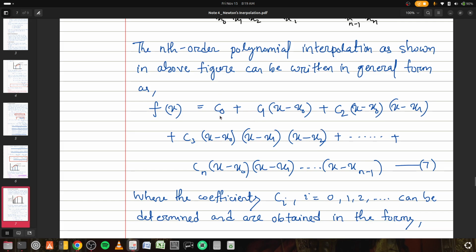So here you have all the C0, C1, C2 and C3 values in the t. Then you have to multiply the t with these quantities, x minus x0 into x minus x1, then C3 with all these three quantities, right? You have to multiply them.